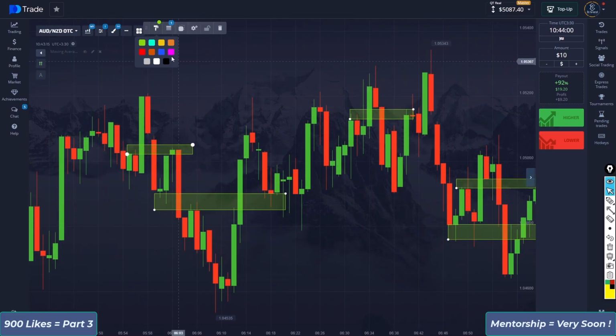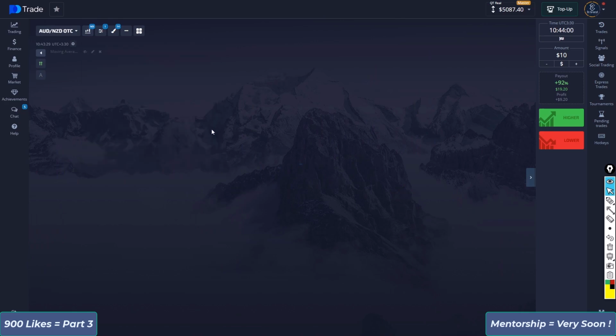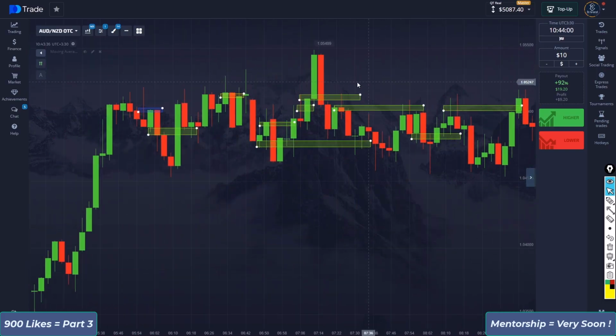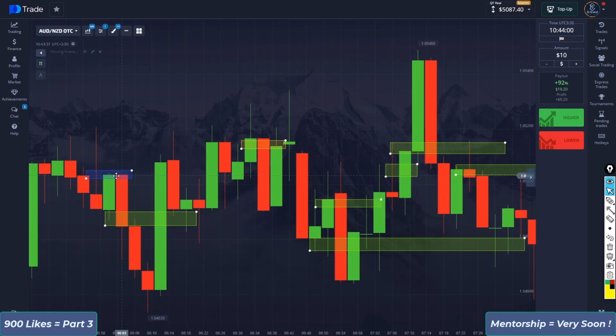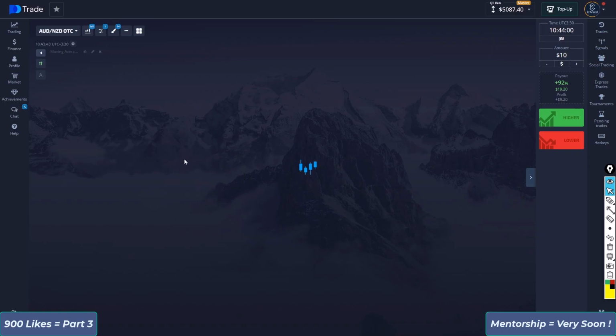I'm just going to go blue, green, yellow. Let's check these three first. To the M3. Look at this. Does it have the engulf? Let me check this. I don't know where the entry is.